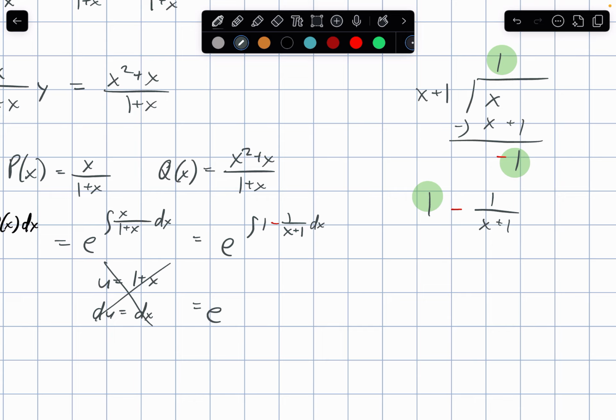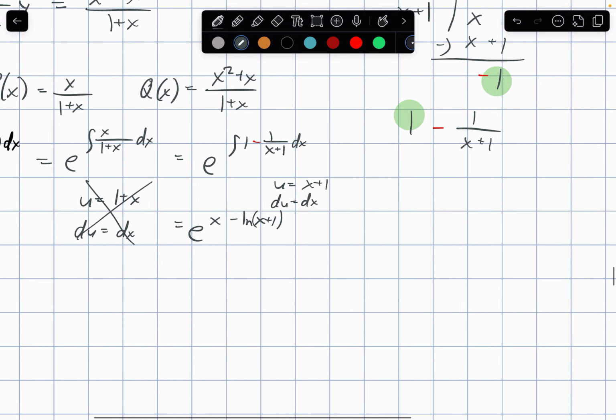Integral of 1, that's going to be x. Let's try u equal to x plus 1. Du is equal to dx. I'm seeing integral du over u. That is equal to the natural log of u, which is x plus 1.